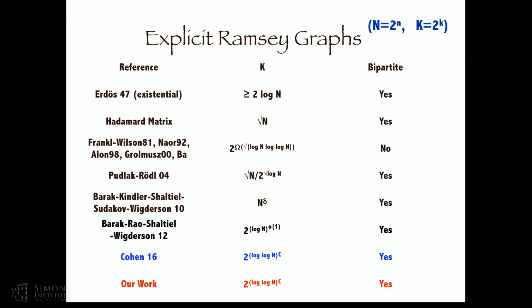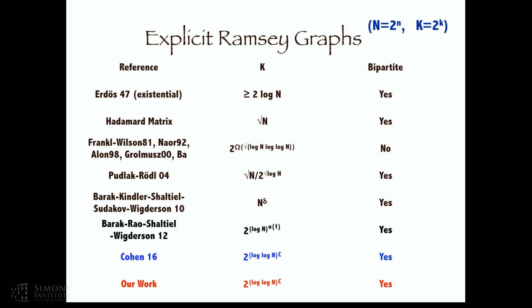All right, and there has been a long line of work for the last 70 years on constructing explicit Ramsey graphs. I'll not go over all the details, but a lot of work was stuck at this bound. The probabilistic bound is 2 log n. There's a lot of work which got stuck at 2 power square root log n. Then seminal work of Barak et al. got an exponential improvement.